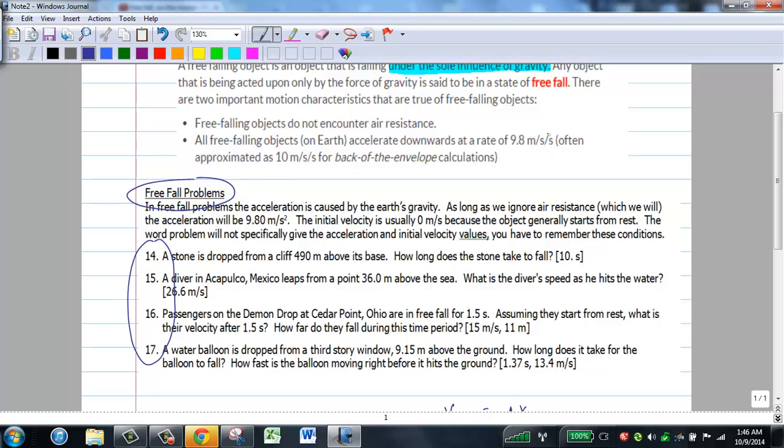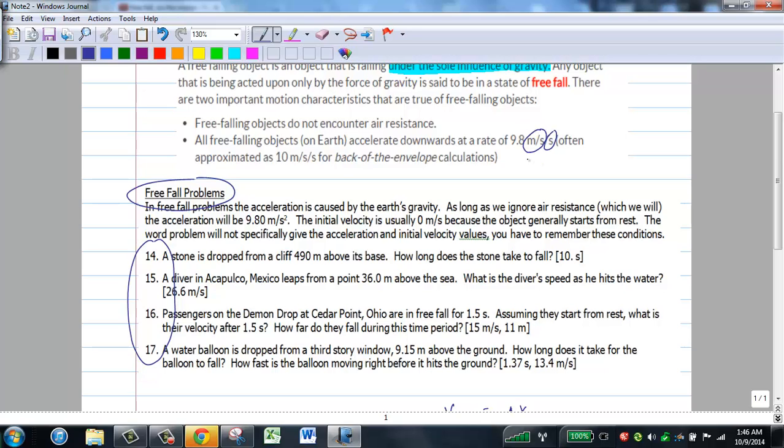Now this value is an acceleration. See this set of units, meters per second per second? That set of units has meters per second in the numerator, those are velocity units, and seconds in the denominator. Those are time units. So this is the rate at which the velocity changes.